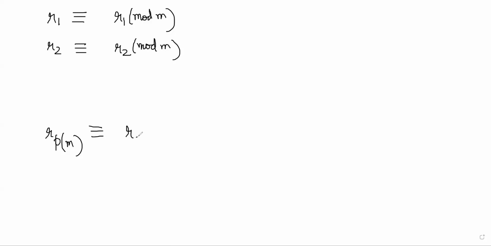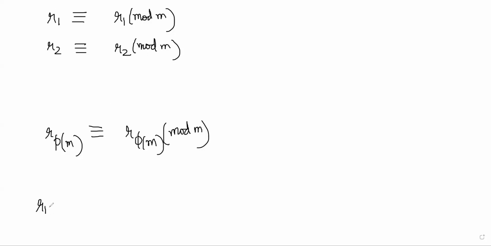And each of these is congruent to what? R1 mod M, R2 mod M, R phi M mod M, right? Now we multiply all of them.